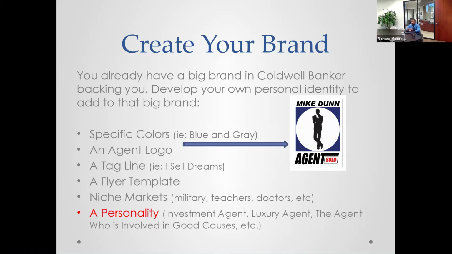So you want to develop some kind of persona that displays that. And if you're an agent that's involved in good causes, maybe you volunteer time at the local shelter, or I don't know, you do blood drives, so people know, oh, hey, that's the agent that donates their time to this, and that's a good person, whatever it is.